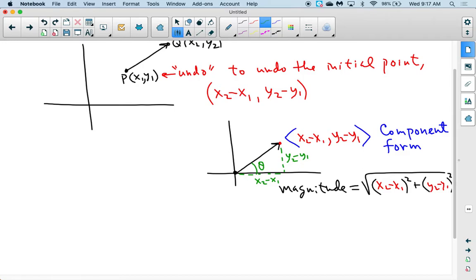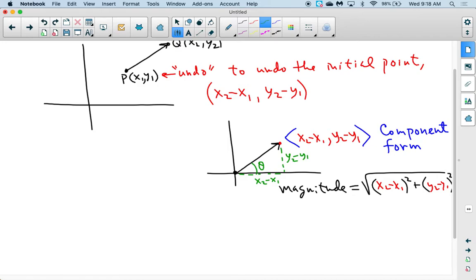In terms of the direction though, you'd have to know which quadrant you're pointing in, because arctan is only going to give you directions in the first and fourth quadrants. So we'll talk about that, but if your vector was pointing in the second or third quadrants, you would need to be aware of that.